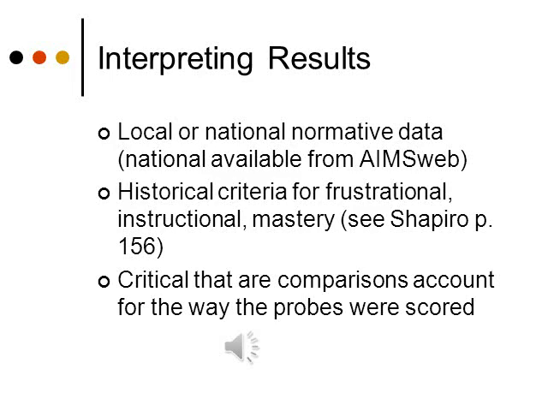And it's important that whenever you're making a comparison to another group, you account for the way the probes were scored in administration. So if I scored just looking at the final answer and my norms scored by paying attention to all of the work below the answer line, those critical steps, then that wouldn't be a fair comparison. So you need to pay attention to that when picking a comparison group or comparison scores.